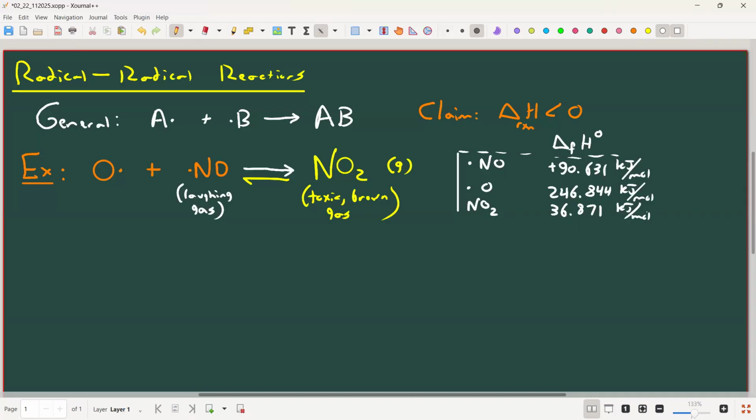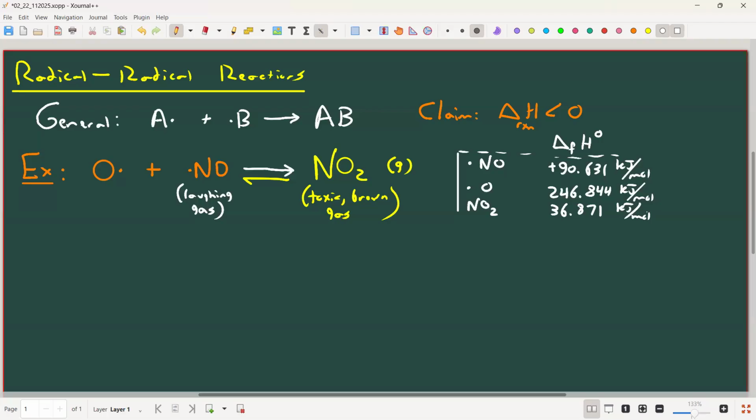In order to make O, you have to break O2 apart, so the energy naturally increases, and each oxygen brings to the table 245 kilojoules per mole, give or take, which means that the bond between two oxygens is about twice that, about 500 kilojoules per mole. So it makes sense that these numbers are like that.